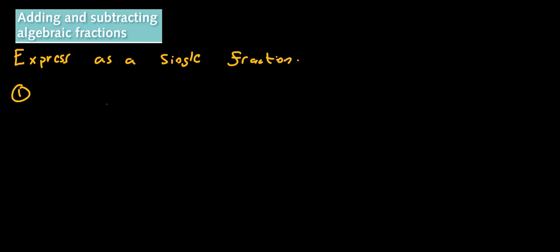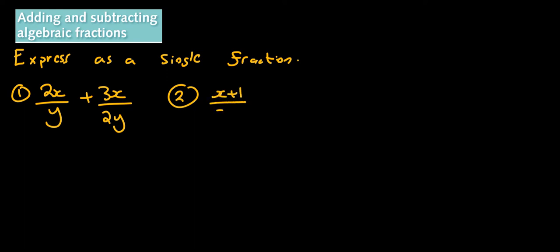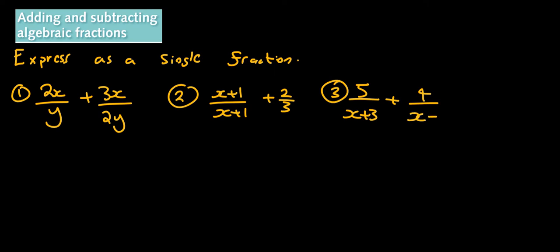So let's get a nice easy one. Let's do 2x over y plus 3x over 2y. Let's do (x plus 1) over (x plus 2) plus 2/3. Let's do 5 over (x plus 3) plus 4 over (x minus 2).